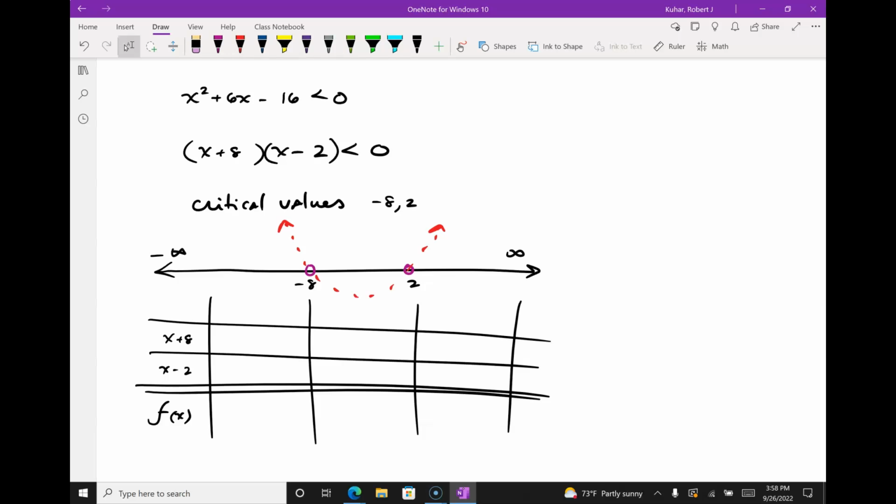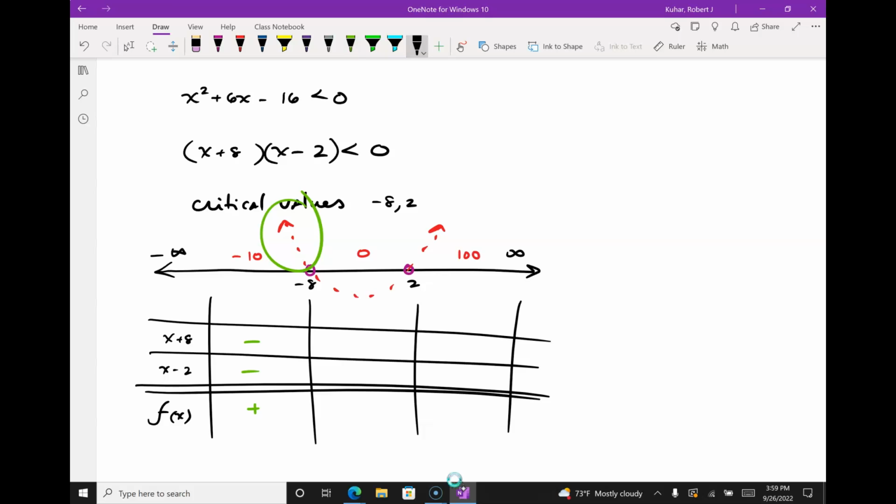So, we want to test left of negative 8. How about negative 10? In between negative 8 and 2, how about 0? And bigger than 2, how about 100? It doesn't matter where you test. Left of, right of, and in between. So what happens when I plug in the negative 10 to x plus 8? Well, I get minus 2, but all I care about is the negative, right? So negative, negative, positive. Notice that the graph is above ground there, positive.